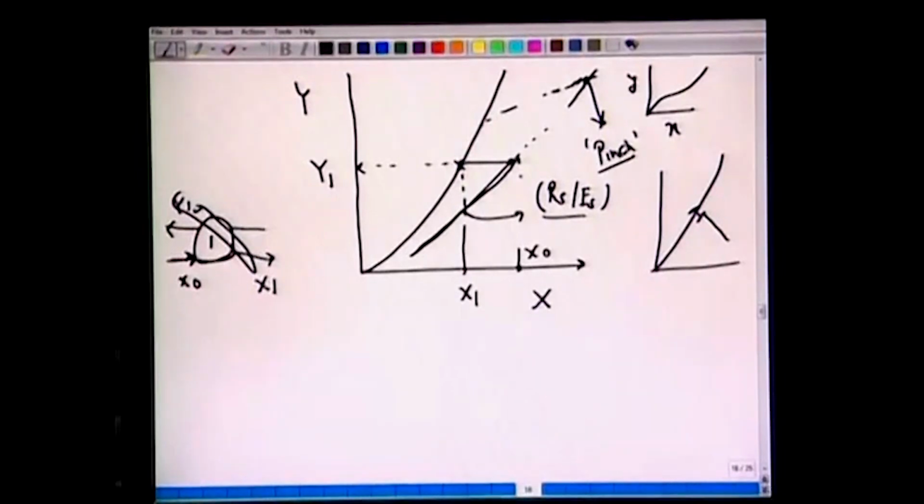We can take this x1, get back to the operating curve, which will give us x2 or y2. Again y2 will be in equilibrium with x2 here. We can mark the x2, get back to the equilibrium curve to mark this point y3, and we have x3 here.